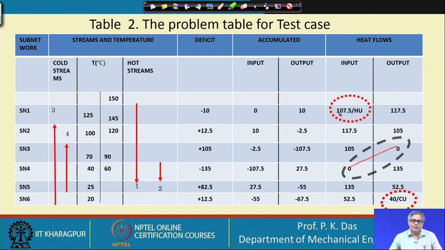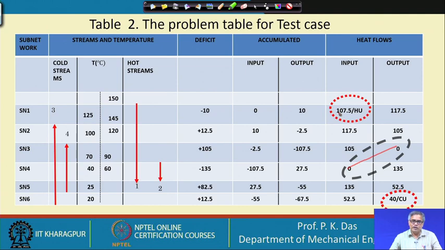How are you getting a double penalty? Instead of 107.5 kilowatt of hot utility, you are using 110 kilowatt of hot utility, 2.5 kilowatt more.